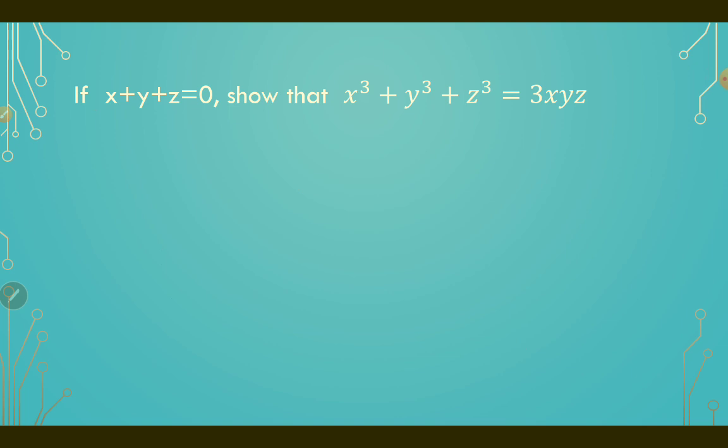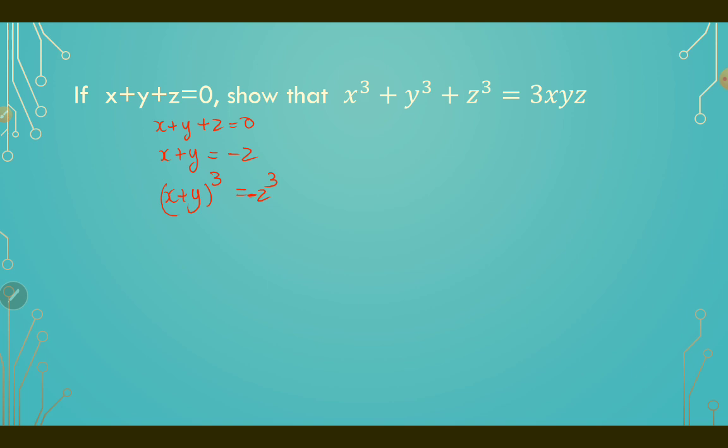If x + y + z = 0, show that x³ + y³ + z³ = 3xyz. So, x + y + z = 0, x + y = −z. When I cube both sides, I get (x + y)³ = −z³.